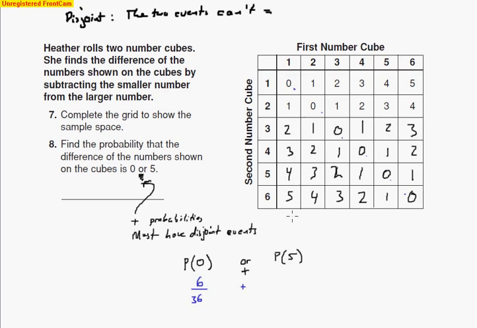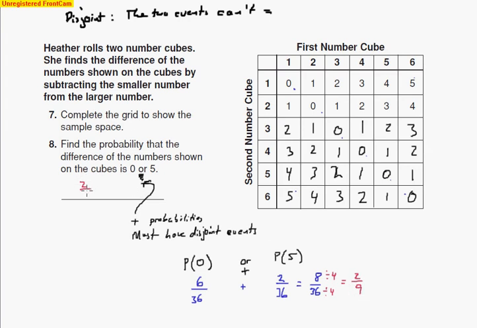We count up how many 5s we have. We have 1, 2 5s. So there's 2 out of 36. Add those numbers together, we get 8/36. And that's our number. So from there, what we can do is we could take out that common factor. We could divide by 4, and we'll have our number eventually here. So 2/9, that's the probability.